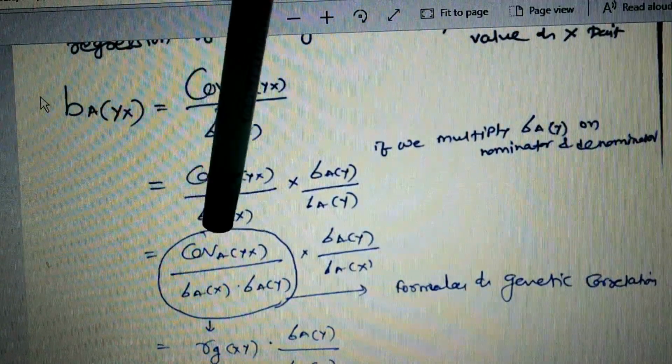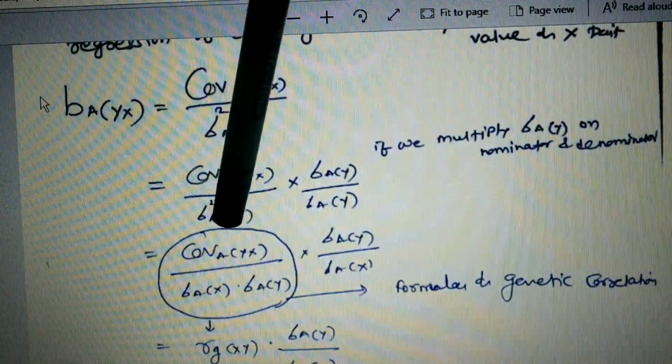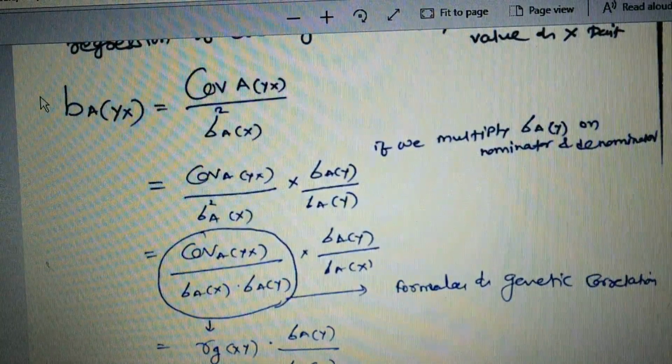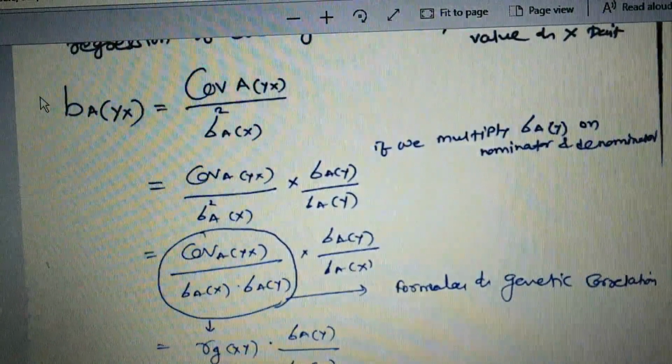Here it is in the form of variance, but we can write it in the form of standard deviation.